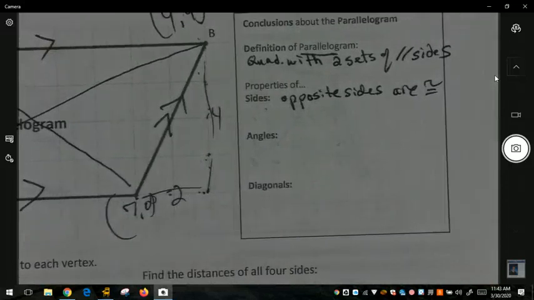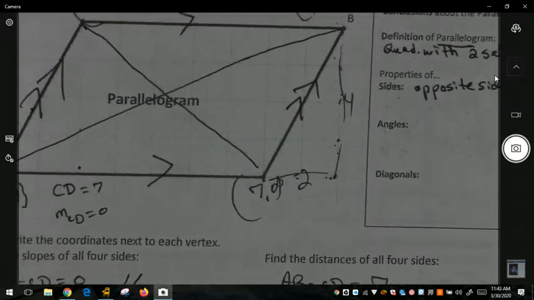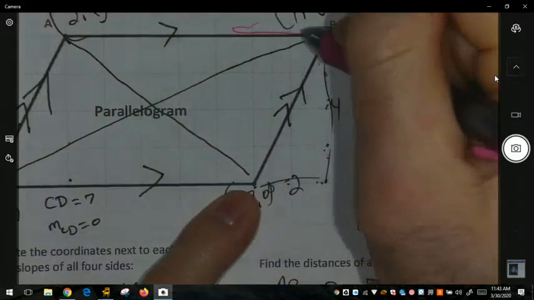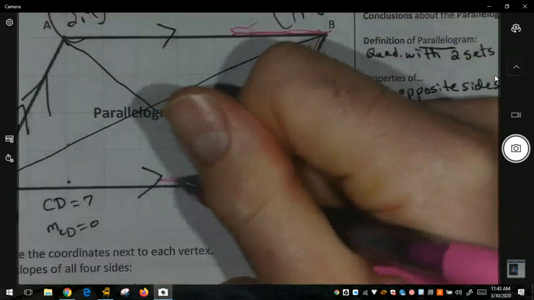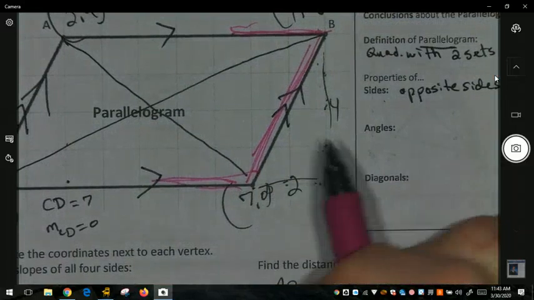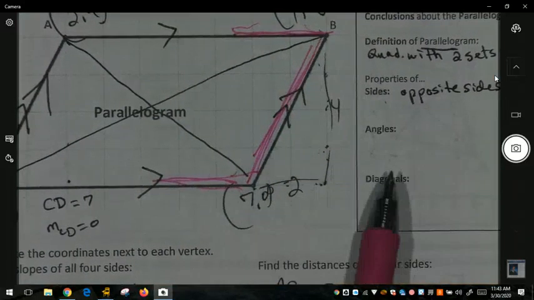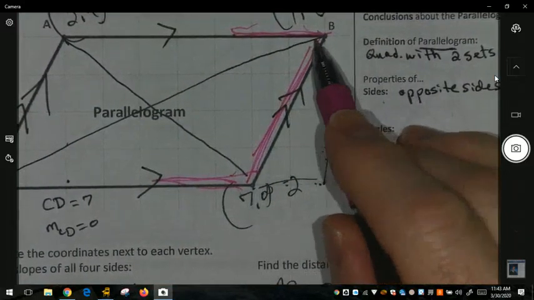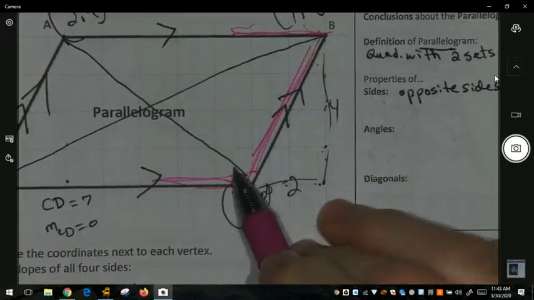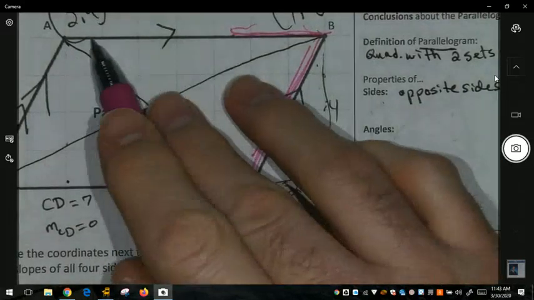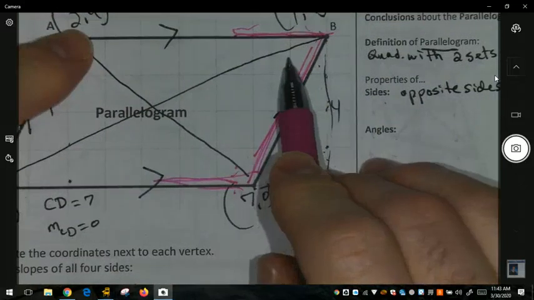Now with the angles, you may not have made an observation about this, but obviously if you have parallel lines, then that means these that make the C are supplementary. Those are same side interior angles. So these two are supplementary, and these two, which are also formed by parallel lines, are supplementary.